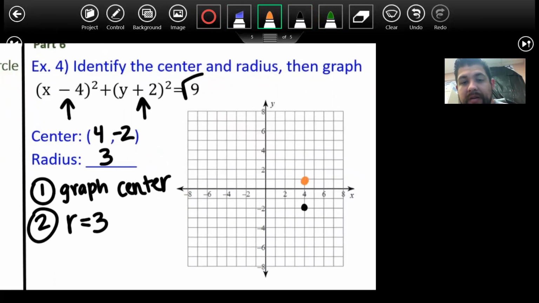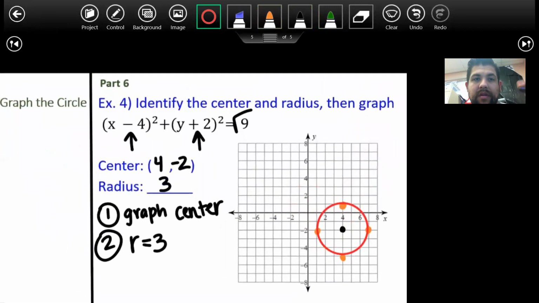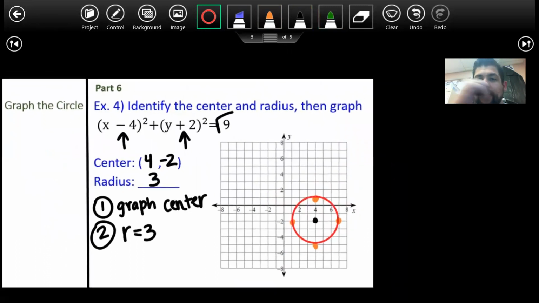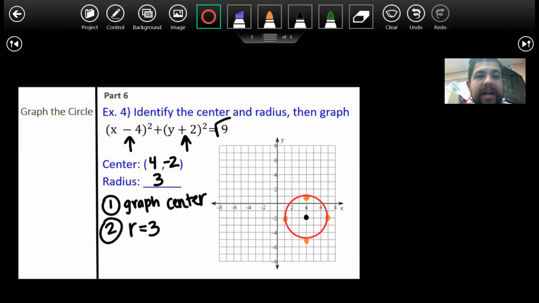We're going to go up 3, down 3, left 3, and right 3. This is how we want to be able to identify the center and radius for our values. Part 7 is going to have you guys try this next part out.